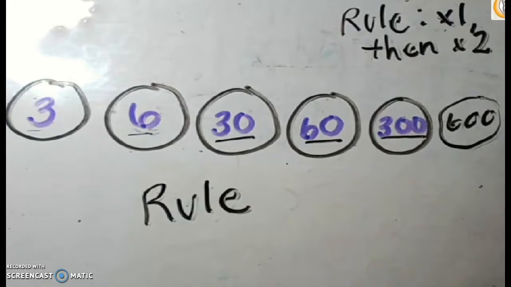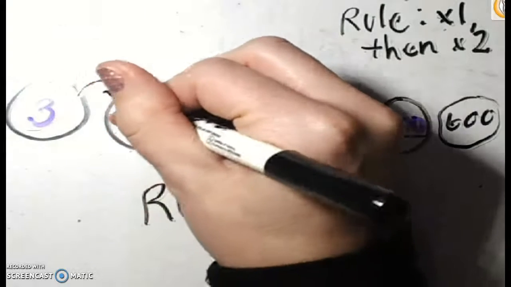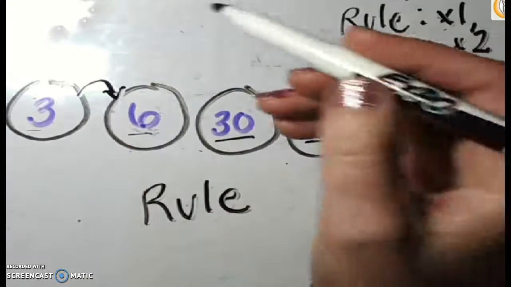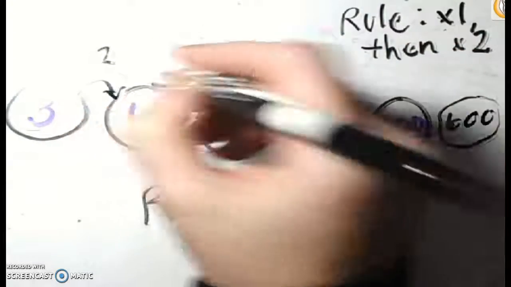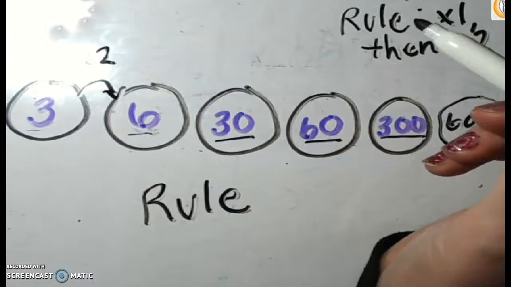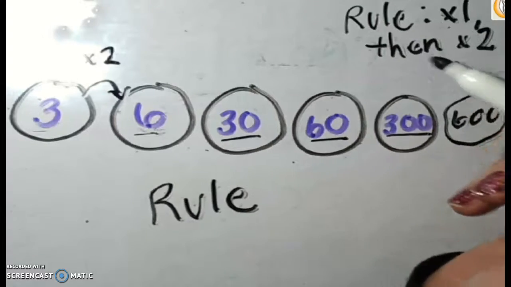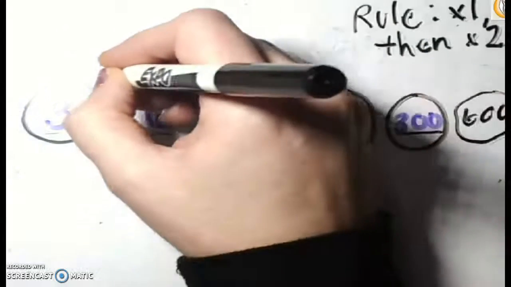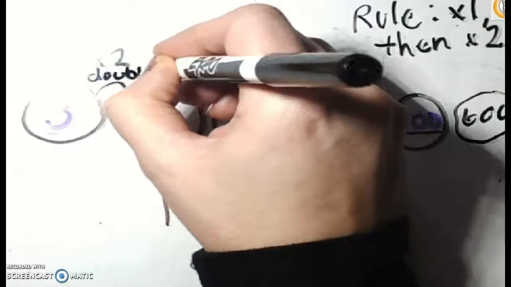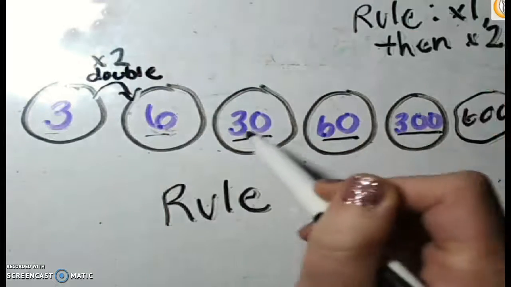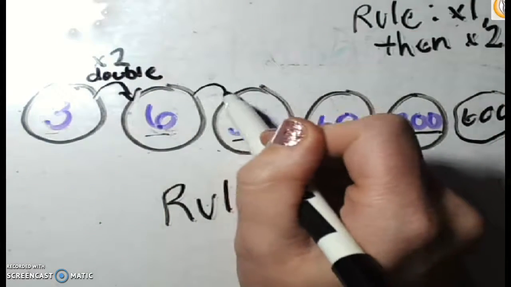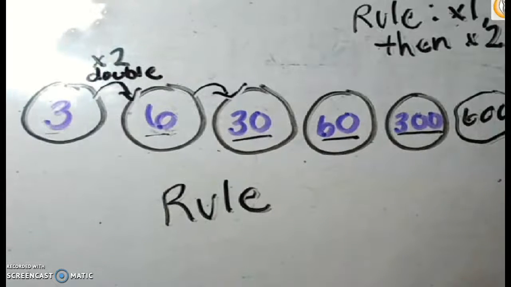So let me think. How do I go from 3 to 6 using operations? Well, I know that 3 times 2 equals 6. I could also double it. I'm going to put the word double there. All right, let's see if I can go to the next one. 6 to 30.